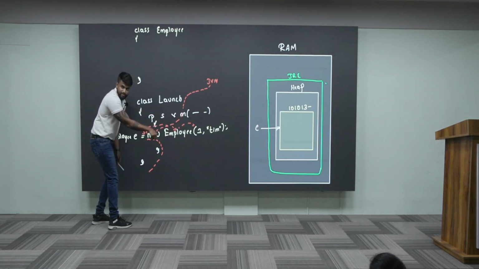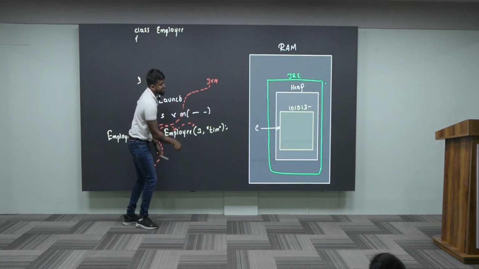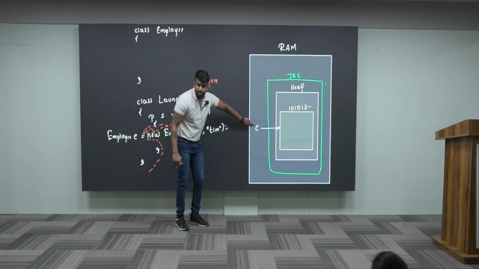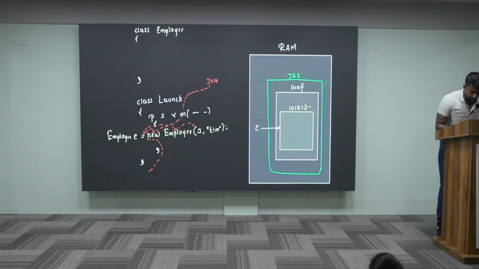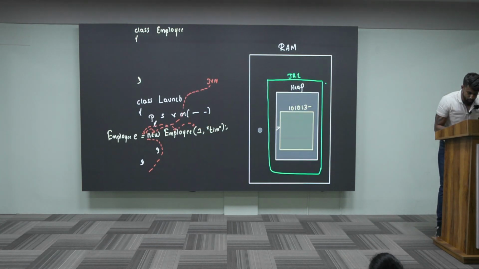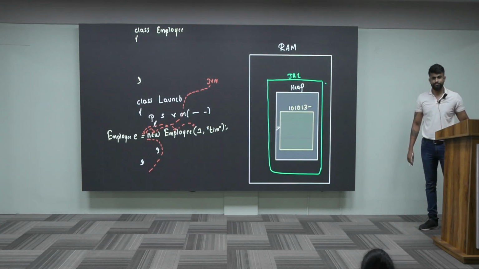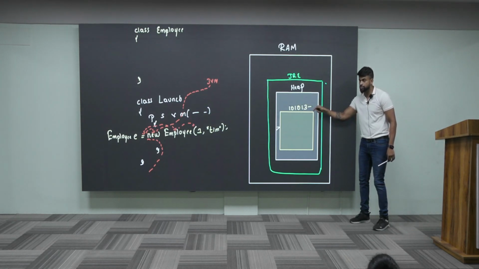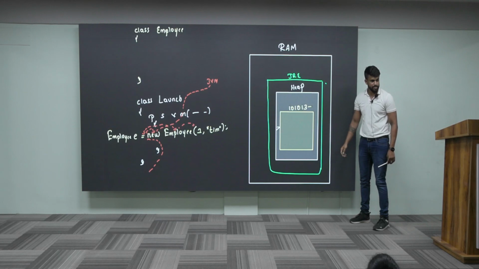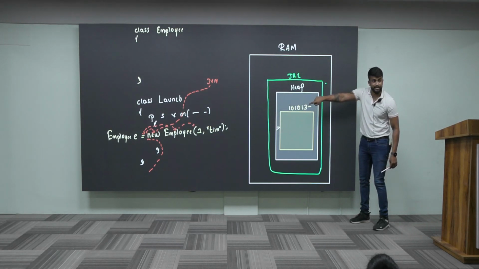In the main stack frame. If the main stack frame is getting deleted, what is getting deleted? The reference is also getting deleted. Very good. If the reference is getting deleted, what will happen to this object? Garbage. This is a garbage object because this is an anonymous object. What do you mean by anonymous object? An object without having any reference.